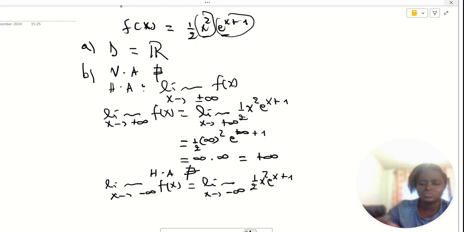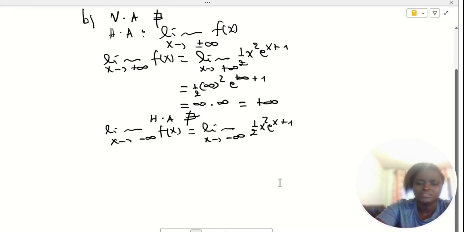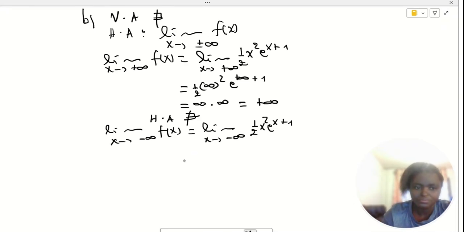So this will be equal to 1 over 2 times minus infinity power 2 and e power minus infinity plus 1, and this is equal to 1 over 2 times infinity. This is infinity.